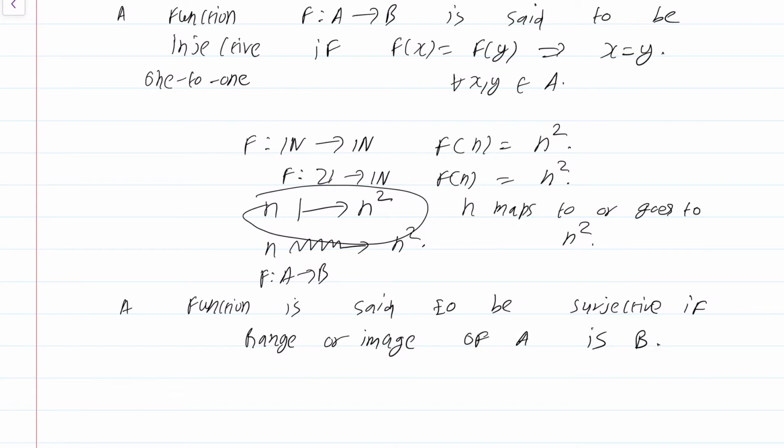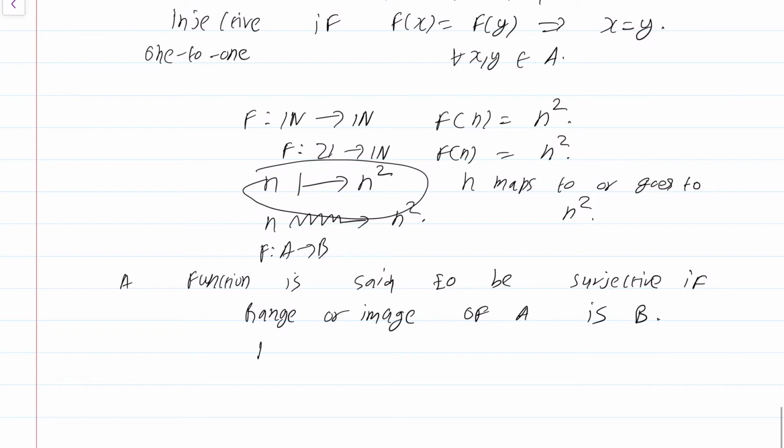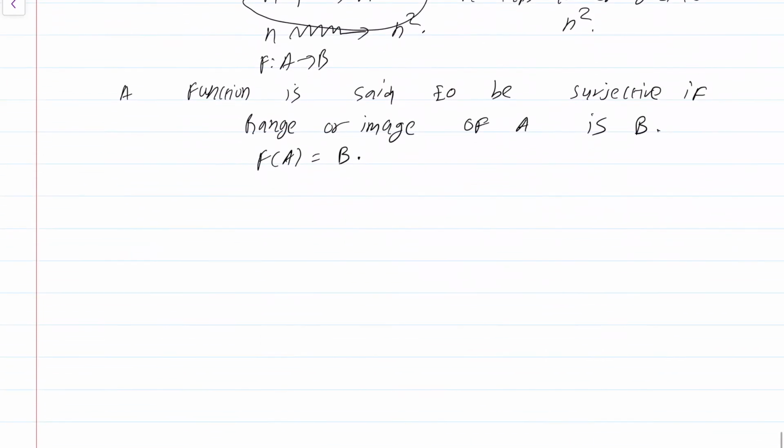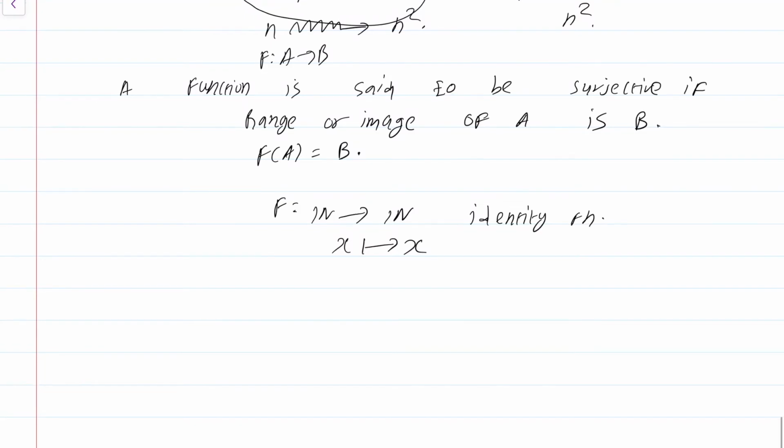That means there is some element in A that gets mapped to it. So in short, f of A equals B. For an example of a surjective function, look no further than the function x goes to x, the identity function. This function is certainly going to be surjective.